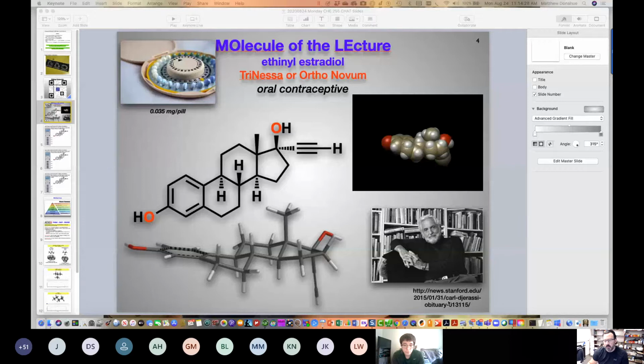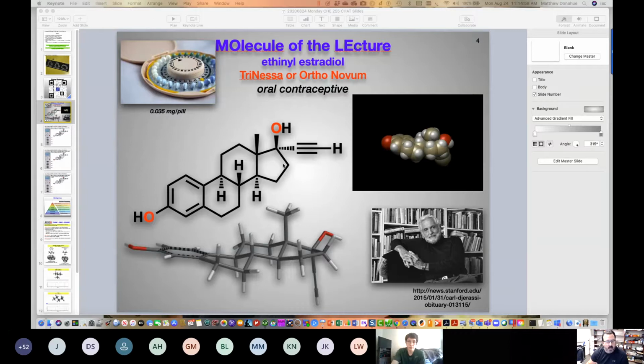And this gentleman here, Professor Carl Djerassi of Stanford, was one of the primary scientists responsible for its synthesis. While it is based on a steroid nucleus, which is a natural product, it is a synthetic molecule, meaning that this molecule does not exist anywhere on Earth outside of it being produced in a lab.